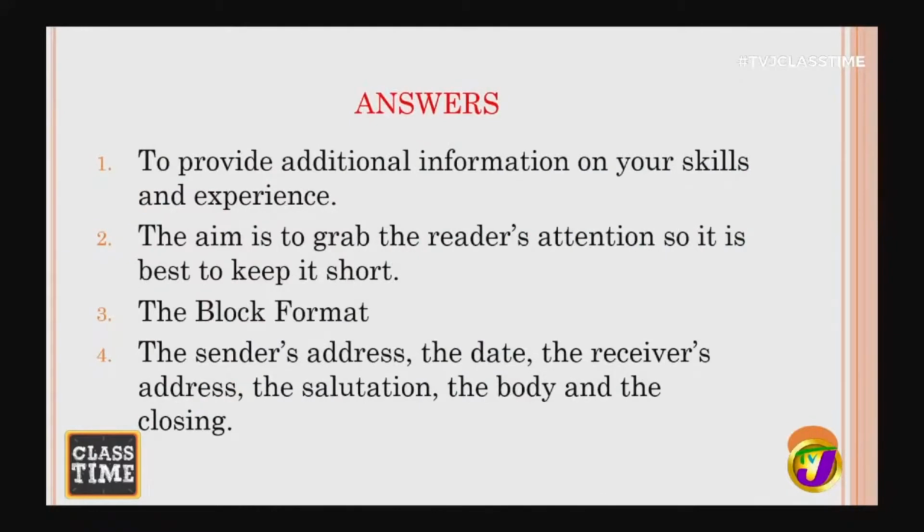Number one, to provide additional information on your skills and experience. Two, the aim is to grab the reader's attention, so it is best to keep it short. Three, the block format. Four, the sender's address, the date, the receiver's address, the salutation, the body, and the closing.